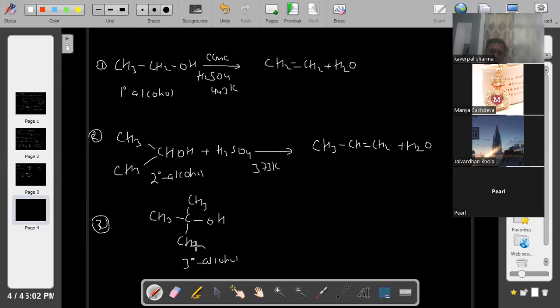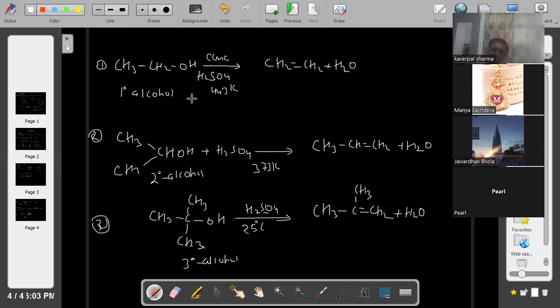According to this reaction mechanism, with H2SO4 but at room temperature, at least 25 degrees Celsius, you can convert this to (CH3)2C=CH2 plus H2O.